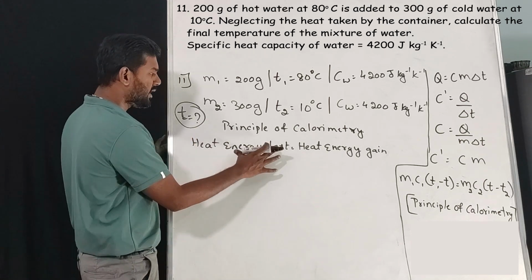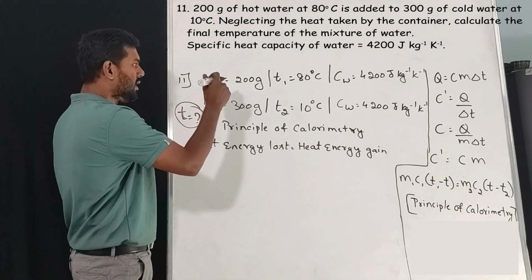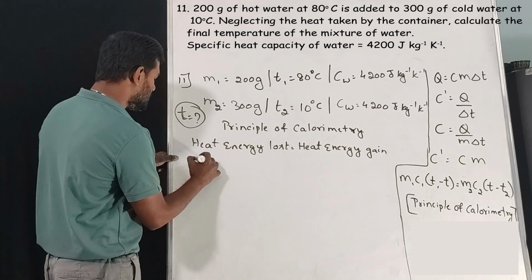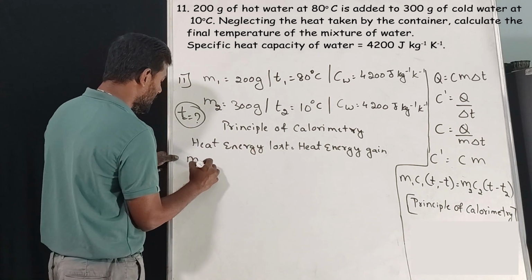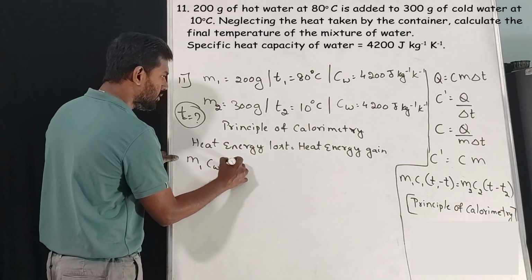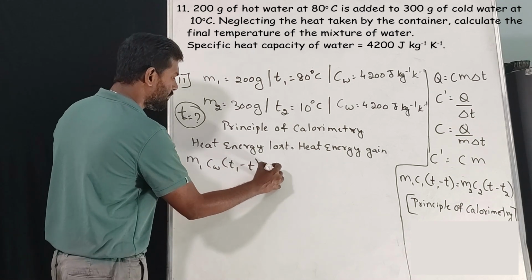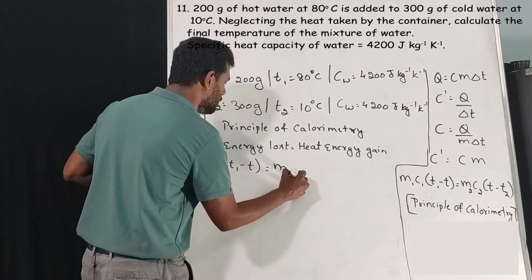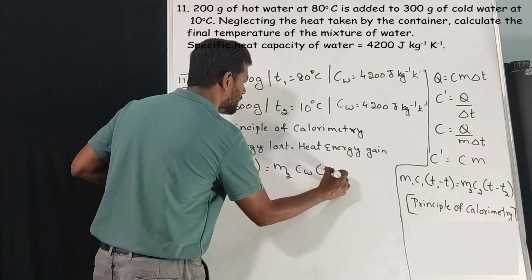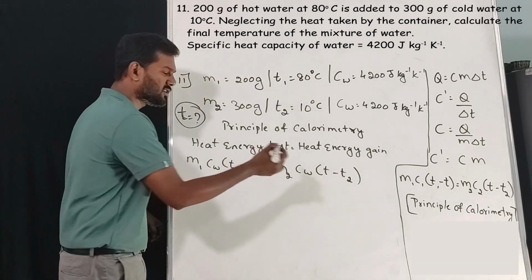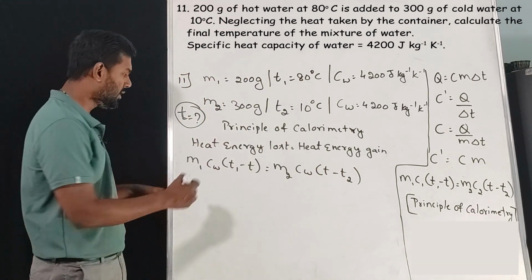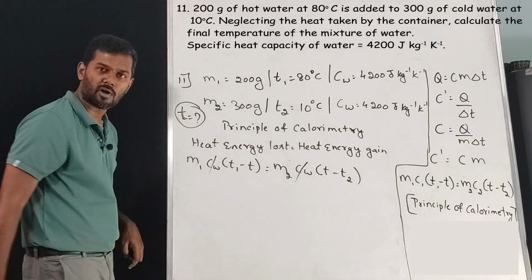So which is losing energy? That is mass 1, that is object 1, hot water. So I will write the formula M1 Cw (T1 minus T) is equal to M2 Cw (T minus T2). In both the sides we have Cw common, so we can neglect it from the formula.